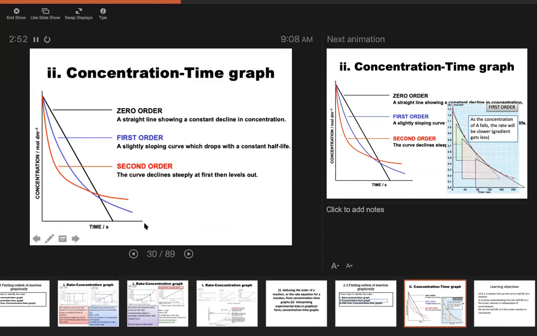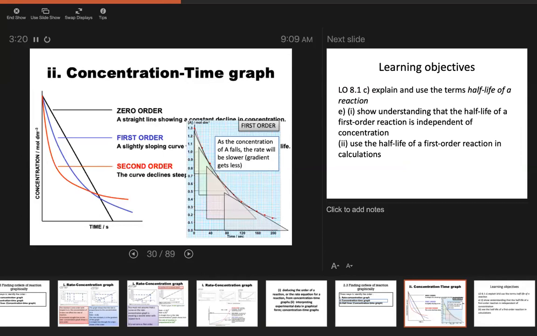Because over time, the concentration of your reactants decreases because you keep on using reactants as the reaction proceeds. And the reason why it's a straight line is because at any point of your concentration, your gradient or your rate is the same. For first and second order, it will be a decreasing curve. Not easy to spot unless you do some calculations.